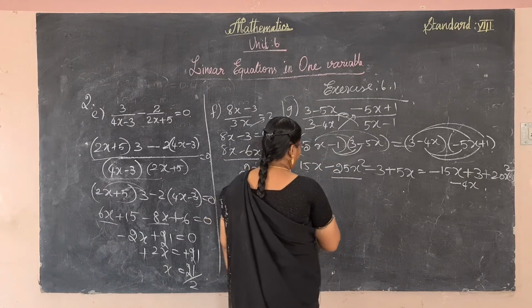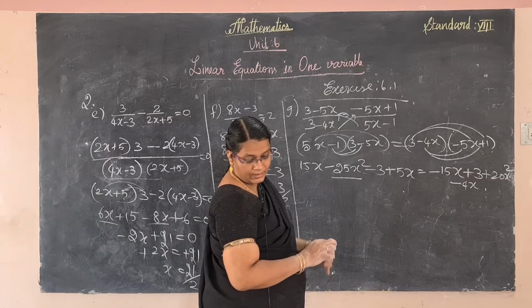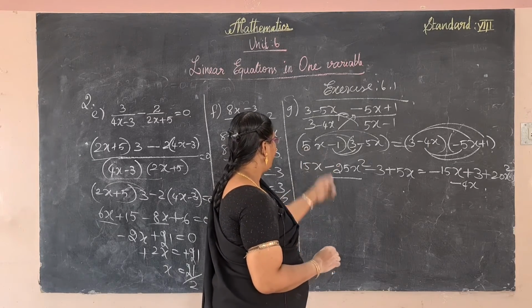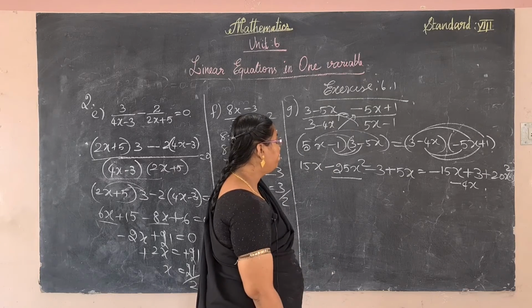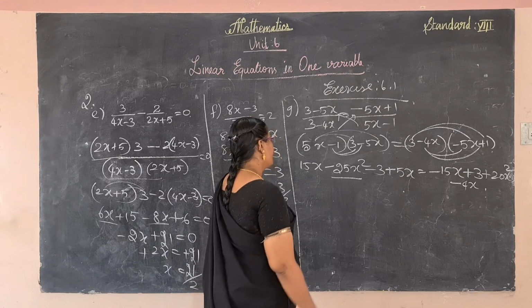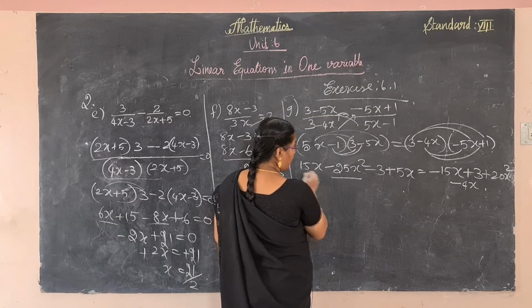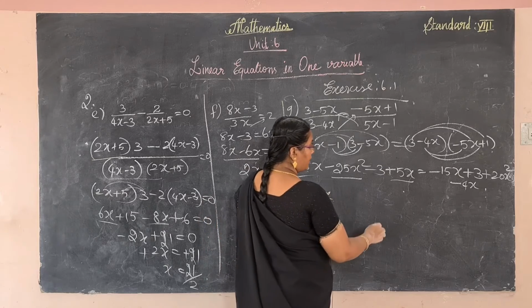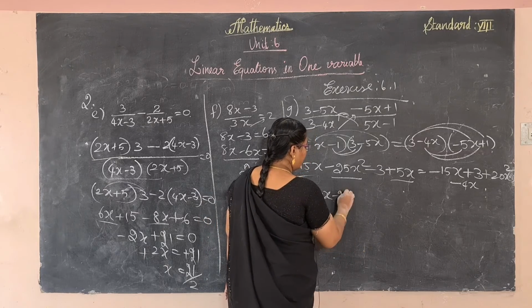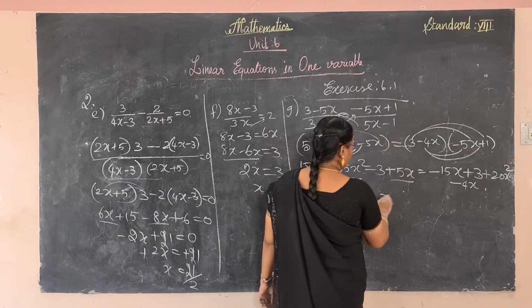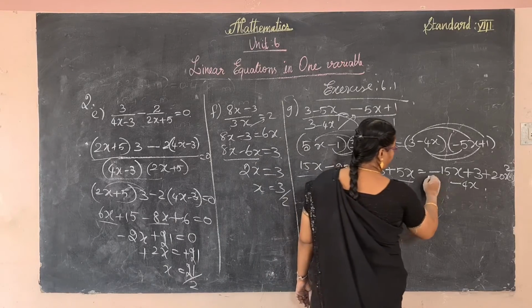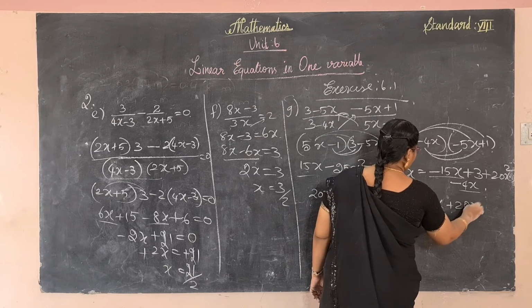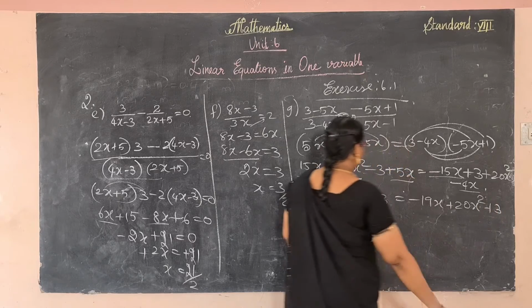So the x values: 20x, plus minus 25x square minus 3 is equal to 15 minus 19x plus 20x square plus 3 plus 3.